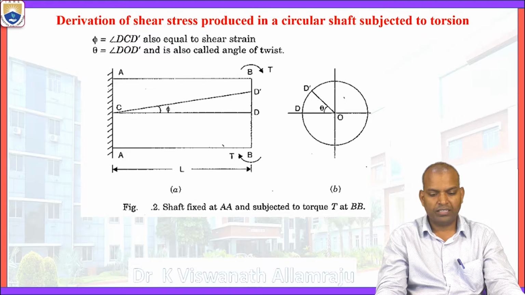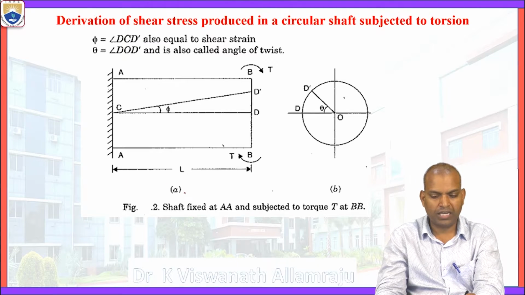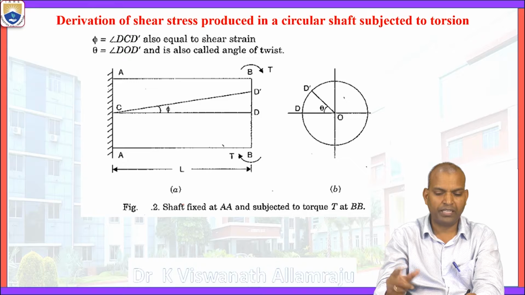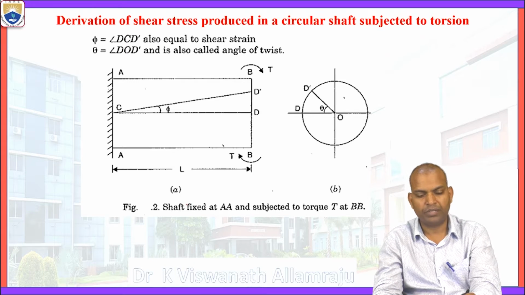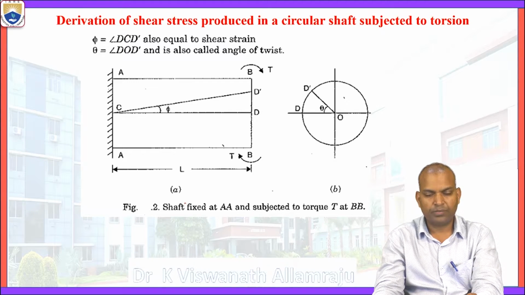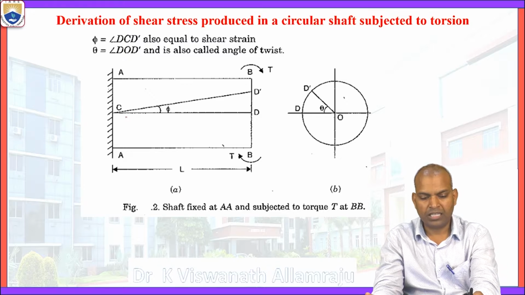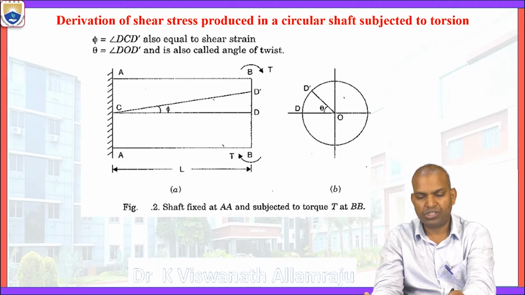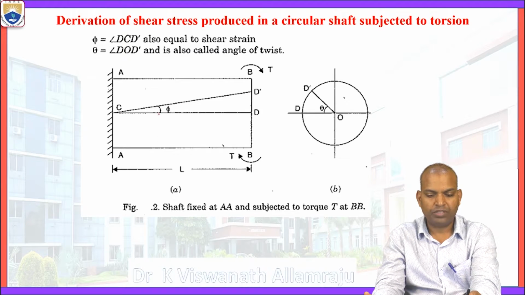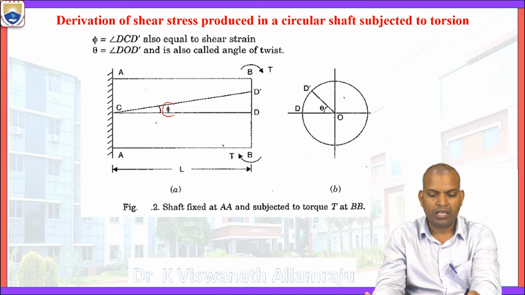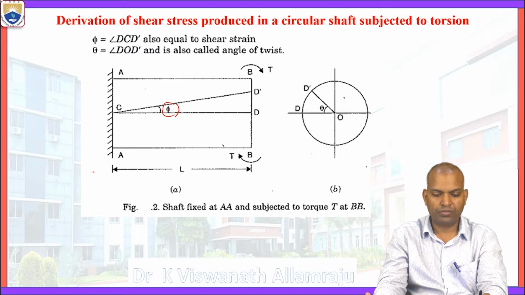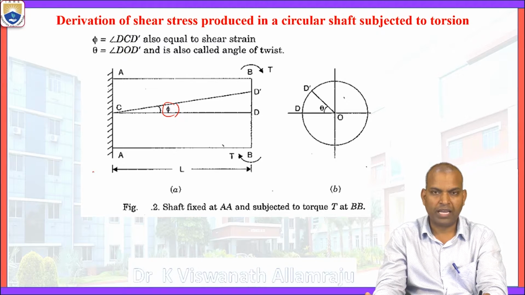Now in the figure, there are two parts, figure A and figure B. In figure 2, after the torque is applied at end B, the twisting moment turns the layer CD into CD dash. The angle D dash, C, D is the shear strain phi. In the front view, theta is the angle of twist.